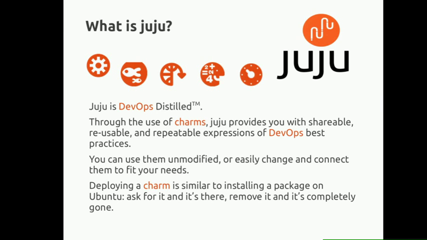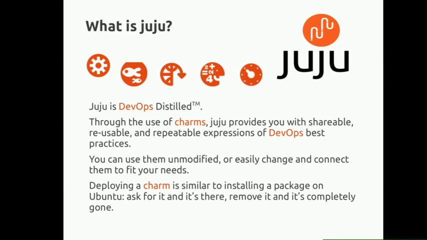With Juju, we're offering the ability for people to actually write procedures that combine the best of their knowledge and share it with others. You can use a collection of these procedures, which we call charms, unmodified, directly from our charm store, or you can write your own. It's actually quite fun.